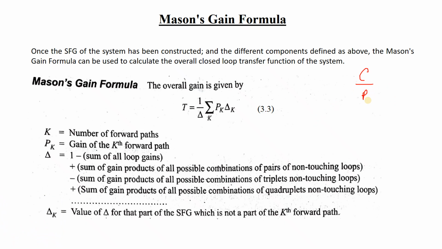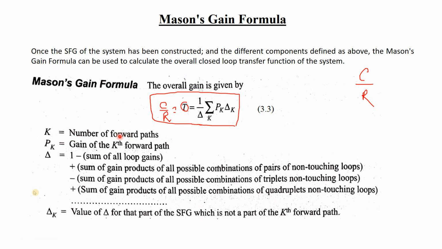That means C by R. So that is T. It is nothing but C by R. The formula is T equals 1 by delta, summation P K delta K, where the summation is from 1 to K. Okay, so this is the formula.